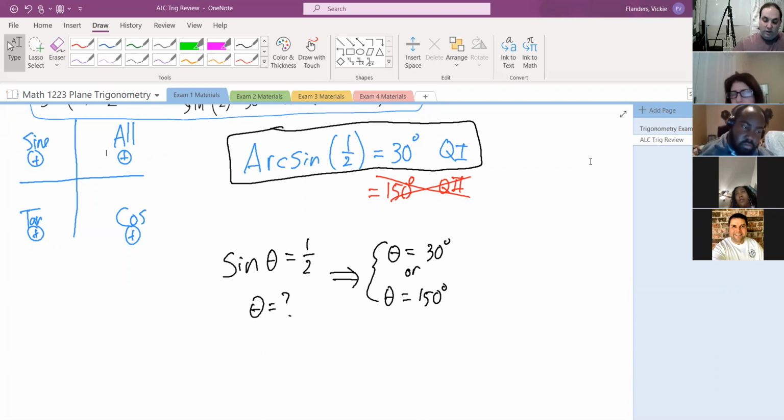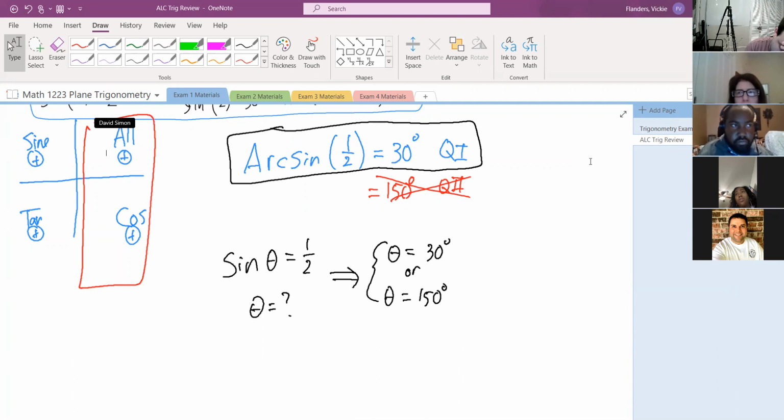So then what you need to remember is which quadrants are used for which particular inverses. You need to remember that sine and tangent use quadrants 1 and 4. So inverse sine and inverse tangent use quadrants 1 and 4.